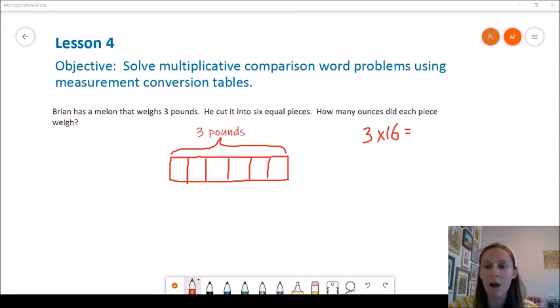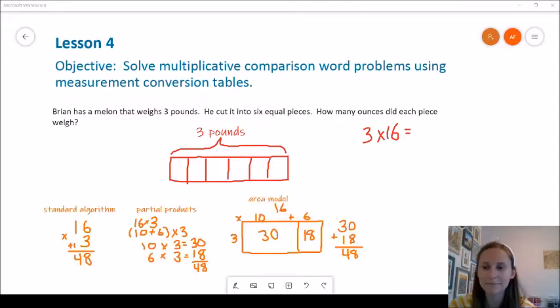So go ahead and pause and use whatever multiplication strategy you would like to solve 3 times 16. Depending on which strategy you use, go ahead and pause and check your work for either standard algorithm, partial products, or area model. Either way, whatever strategy we use, we end up getting a product of 48. So 3 pounds, with each pound being 16 ounces, means that that is 48 ounces.